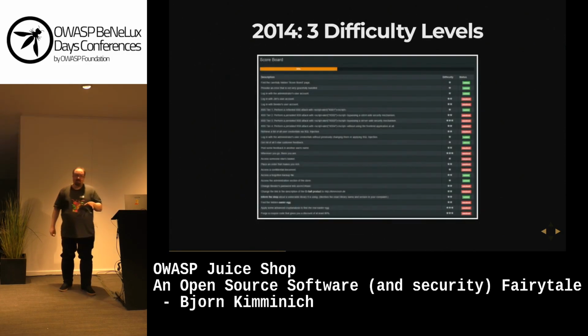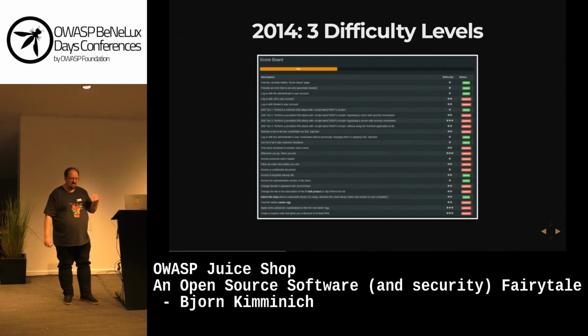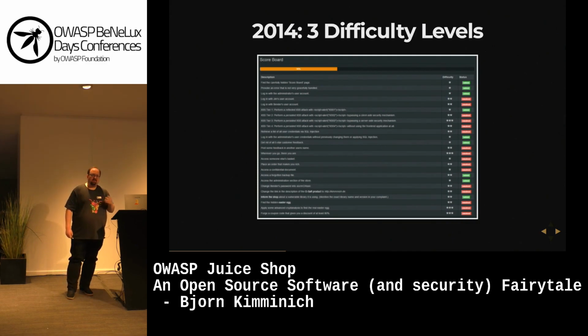When the Juice Shop was released, you saw it also in the slideshow already, it had challenges split across three difficulty levels. So the idea was to have easy, medium, hard challenges to do. With the ever-growing number of challenges, this wasn't enough, right? Because at some point, especially the hard challenges, there were hard ones, and then there were more or less impossible ones, and we had to somehow distinguish them.